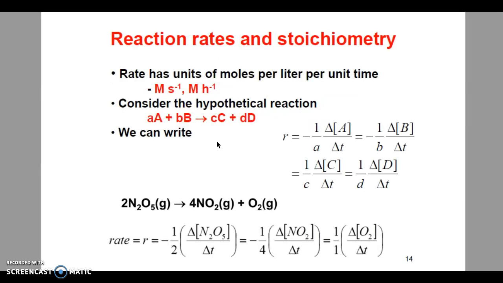Reaction rates and stoichiometry. Rate has units of moles per liter per unit time.